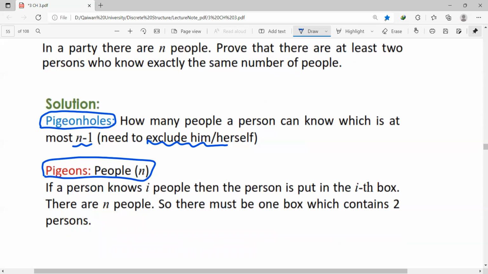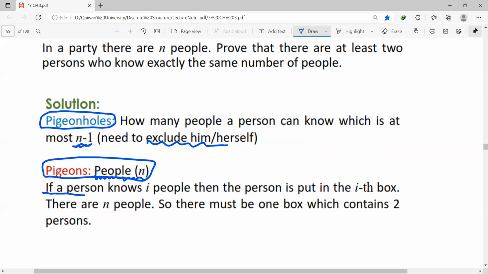That means each of them knows 3 people, so him or herself is excluded. That's why we have n-1 for the pigeonholes, which is the number of people known by others. And the pigeons are the n people in the party.